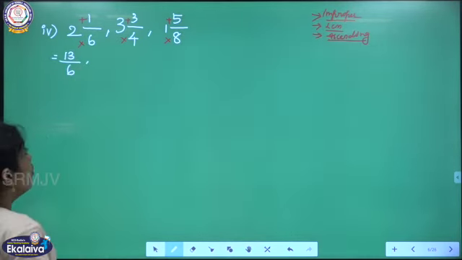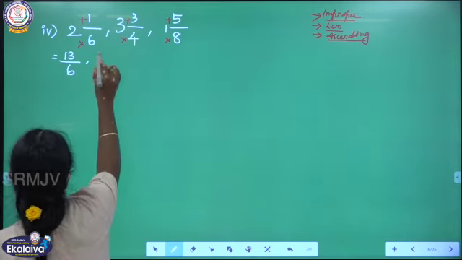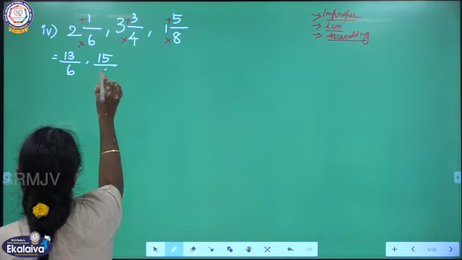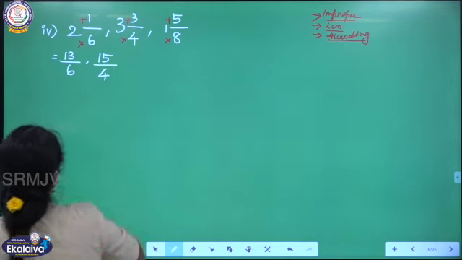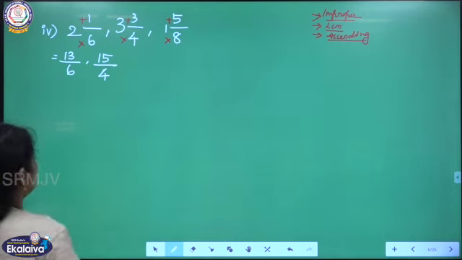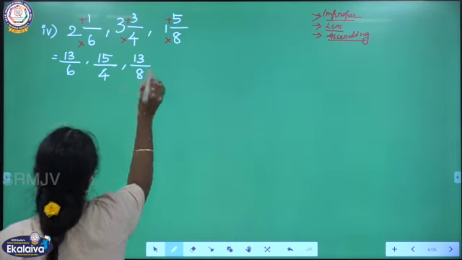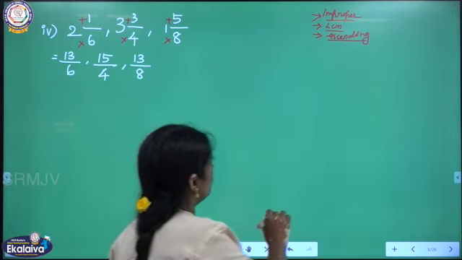Next. 4 3s are 12. 12 plus 3 is what? 15 by 4. Write the denominator as it is. 8 1s are 8. 8 plus 5 is what? 13 by 8. Yeah. Step 1 is over.